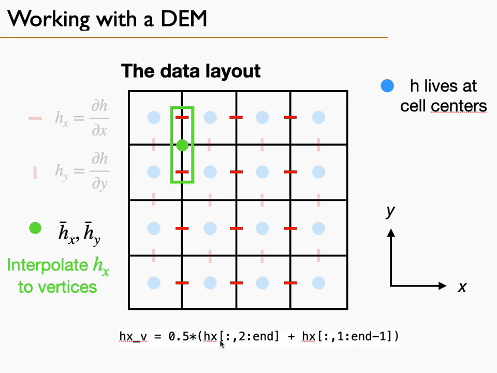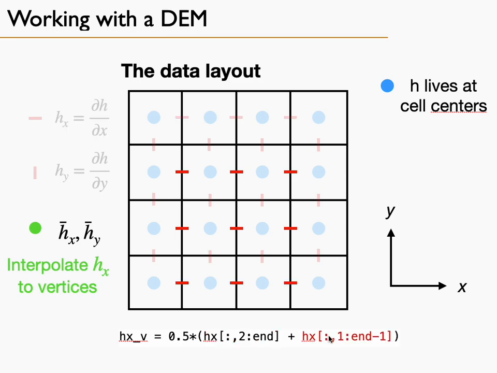1/2 of hx, we take all the nodes in x, comma 2 to end in y, plus hx, all the nodes in x, comma 1 to n minus 1 in y. So let's go step by step. The first part of the array is again taking all the indices in x, but starting from the second one in y. So we basically cancel out this line here, and we take this whole part of the array.